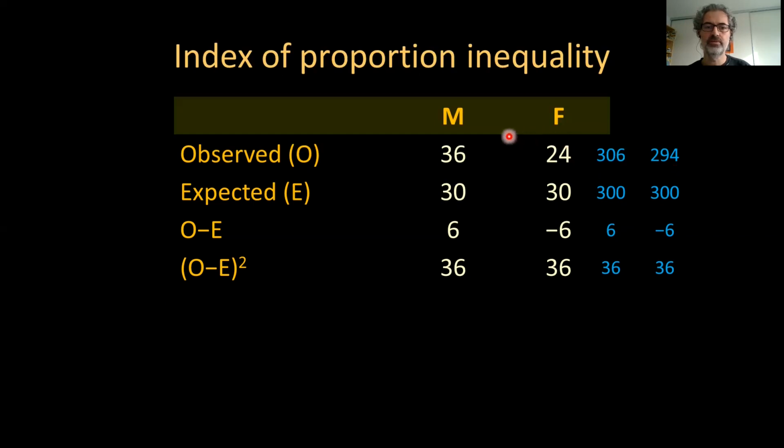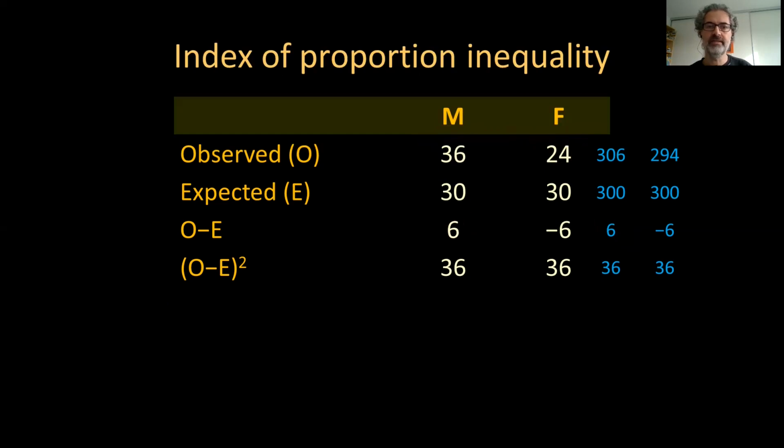These numbers don't look so similar because the relative proportions of the deviations are very different. So here we only have a 2% deviation from expectation. Here we have a 20%.